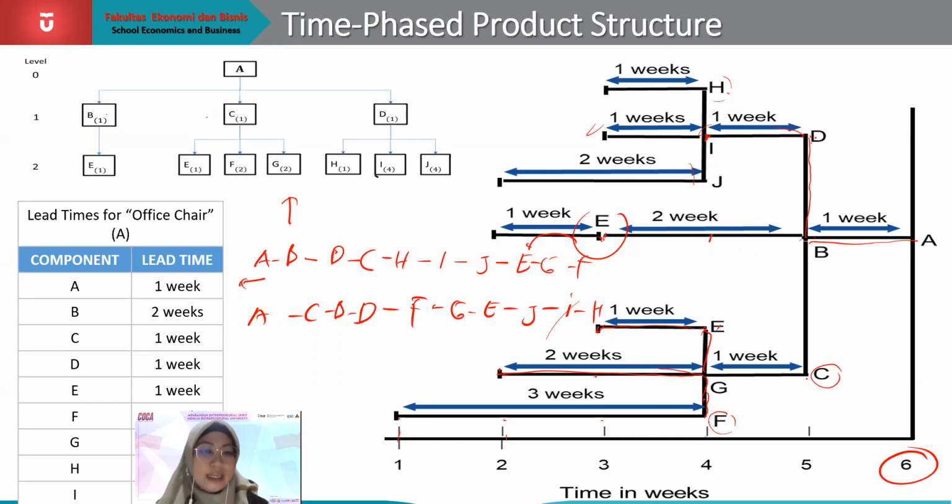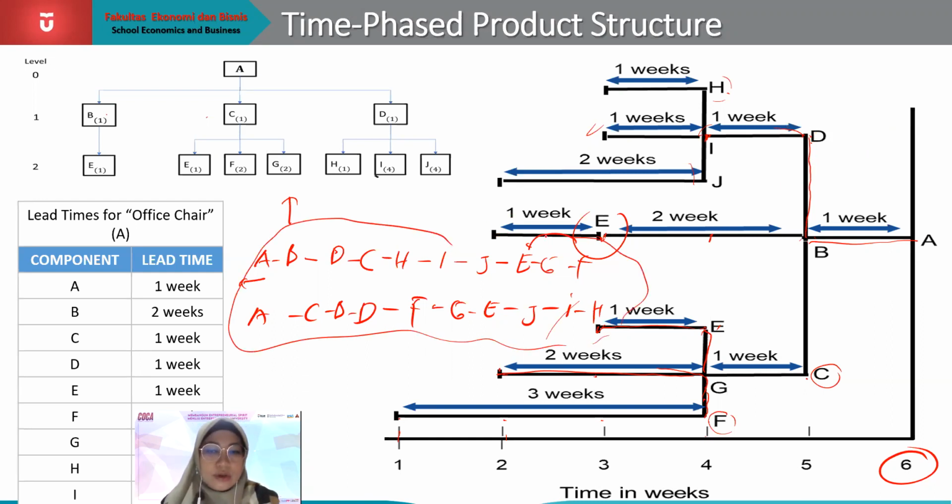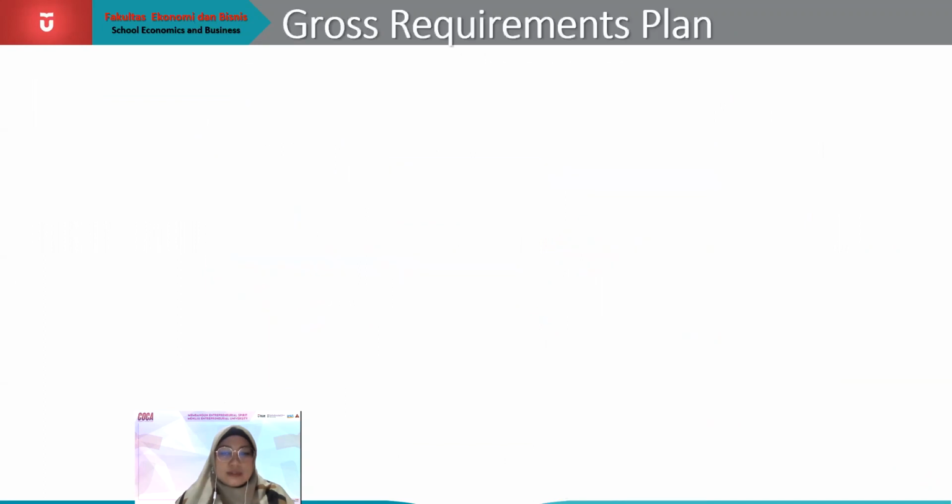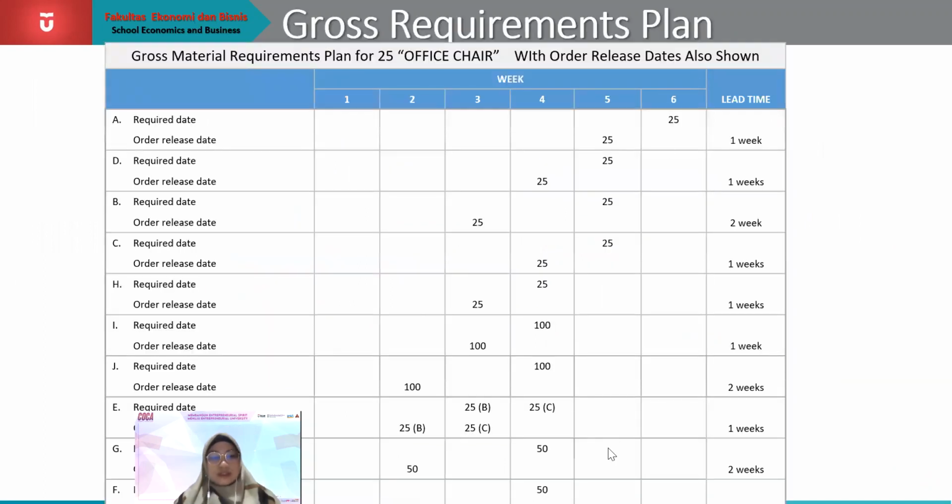Because D in the product structure needs to come first. D is in level number 1. So this is the way you decide the sequence. So what is the sequence for, what purpose? Let's move to the next slide.